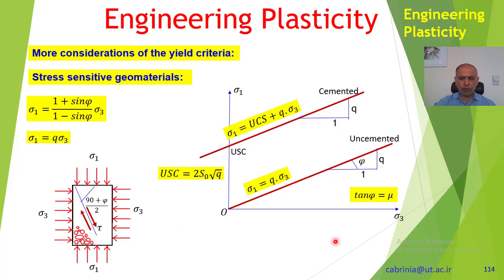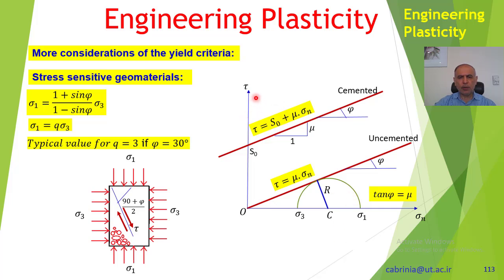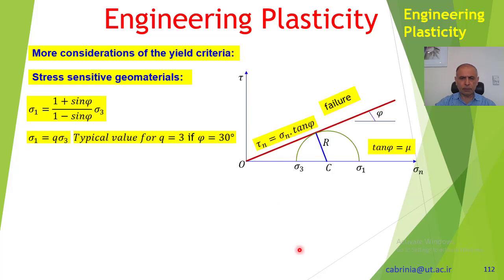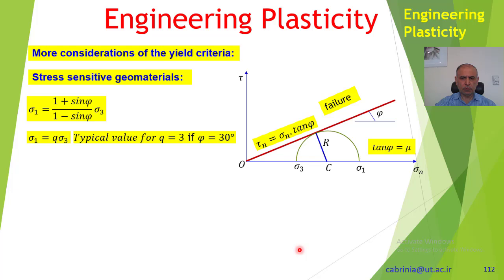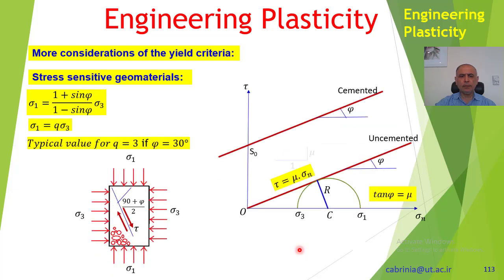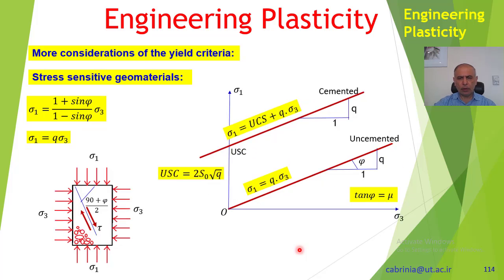Now in this picture the axes are tau and sigma n, shear stress and normal stress, and we have this sigma 1, sigma 3 in here, but in this figure we have used the axes sigma 1 and sigma 3, which are these principal stresses.